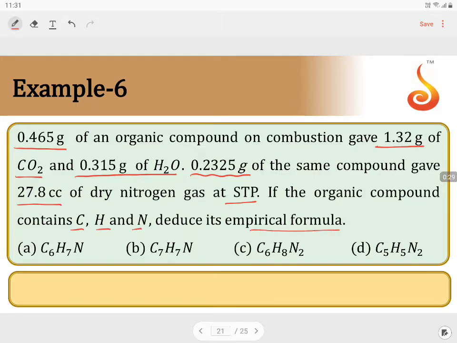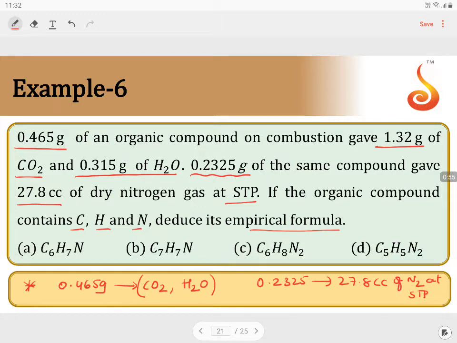Now the question is given. There are 2 points you have to understand, children. One is data with respect to 0.465 grams, where we are getting carbon dioxide and water, and data with respect to 0.2325 grams, where we are getting 27.8 cc of nitrogen at STP.